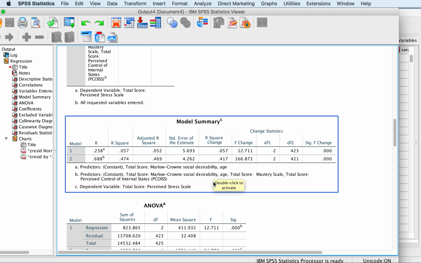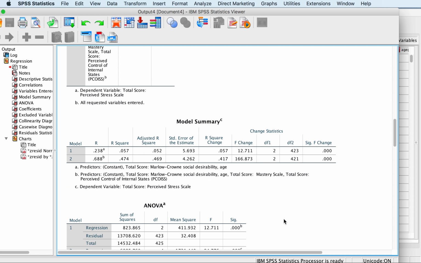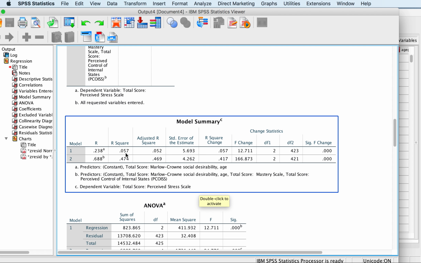Now we're going to look at the amount of variability explained in Model 1, which is just the social desirability score and the age score. You look at the R square and it's 0.057. That means about 5.7% of the variability in perceived stress is explained by these two variables.